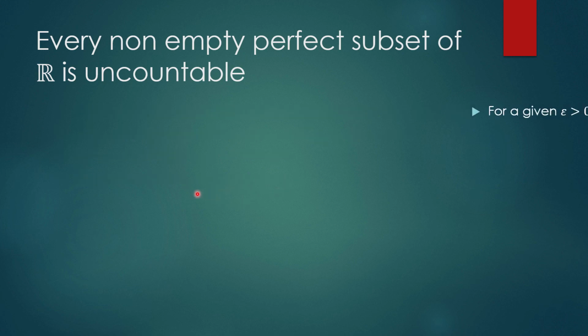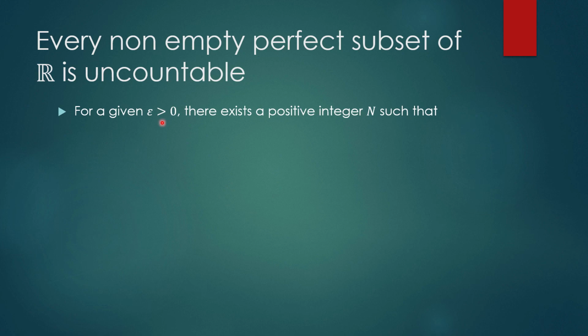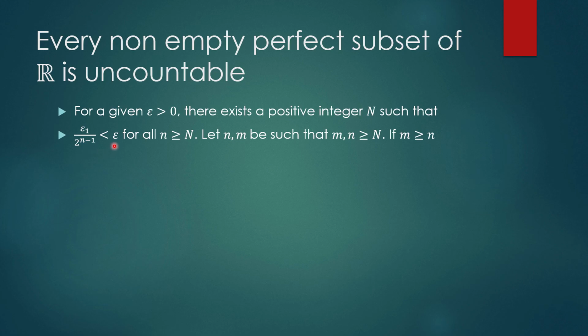So for a given epsilon, there exists a positive integer capital N such that epsilon 1 divided by 2 to the power n minus 1 is less than epsilon for all n greater than or equal to capital N. Let n and m be greater than or equal to capital N. If m is greater than or equal to n, the ball centered at yn with radius epsilon n minus 1 will be a superset of the ball centered at ym with radius epsilon m minus 1.